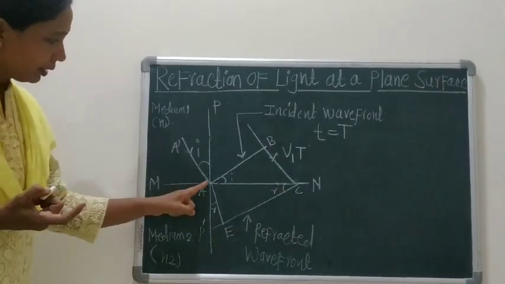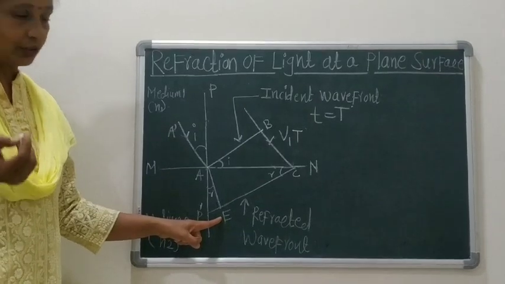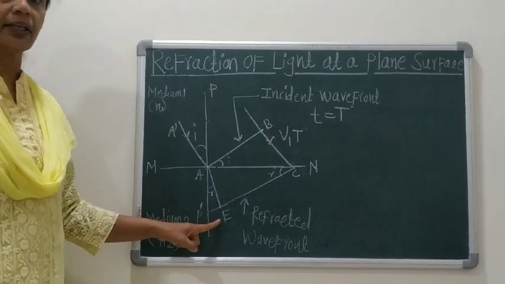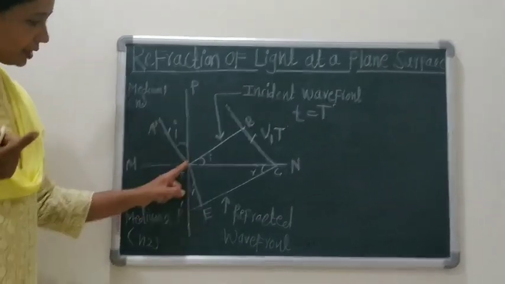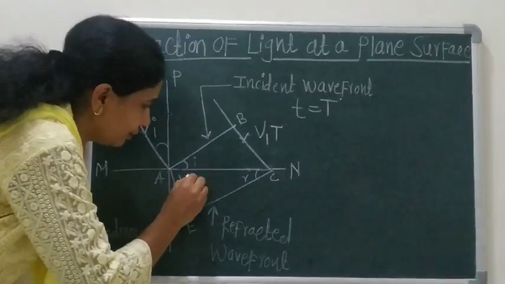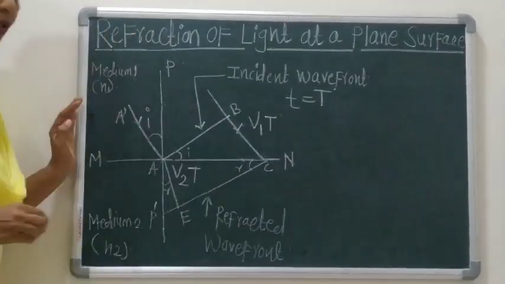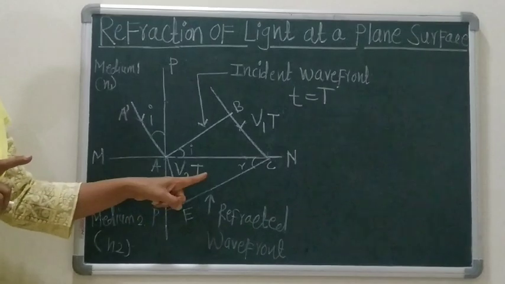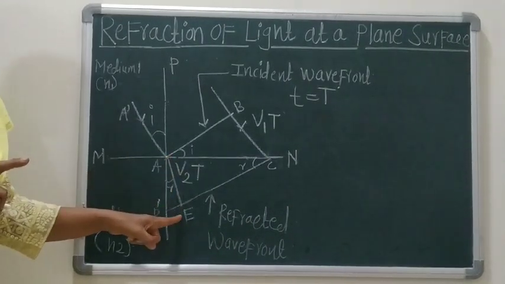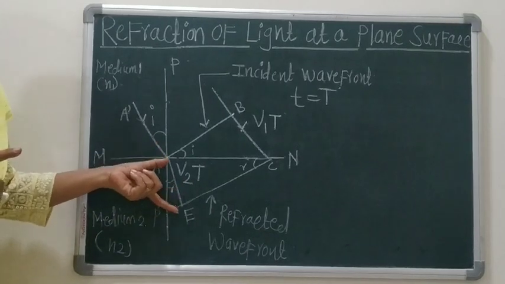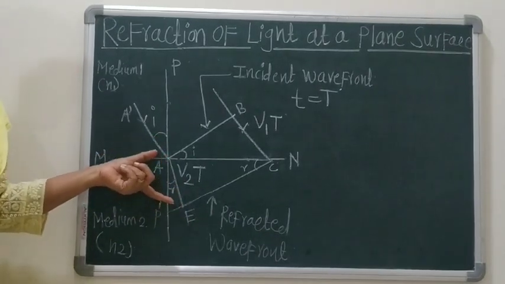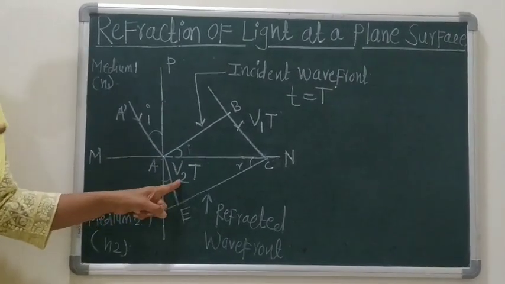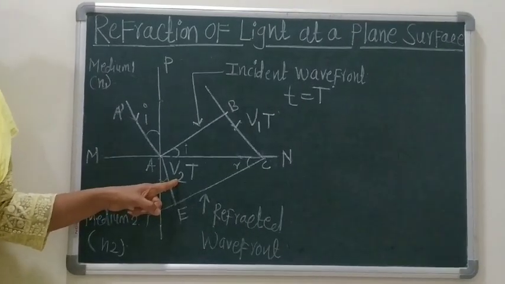Then AE is the secondary wave, or secondary wavelets, which covers the distance V2 into T, where V2 is the velocity of light in the second medium and T is the time required to cover this distance AE.